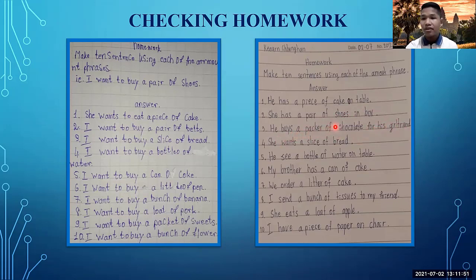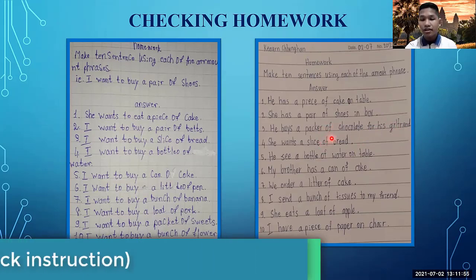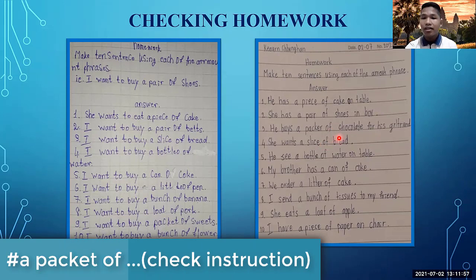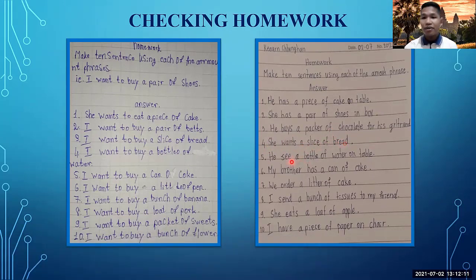Let's consider number 3 here, and I will chat with you personally to modify this one. She wants a slice of bread. He sees a bottle of water on the table. Sees with S, S-E-E-S, because it is third person singular, he, a third person singular subject pronoun.